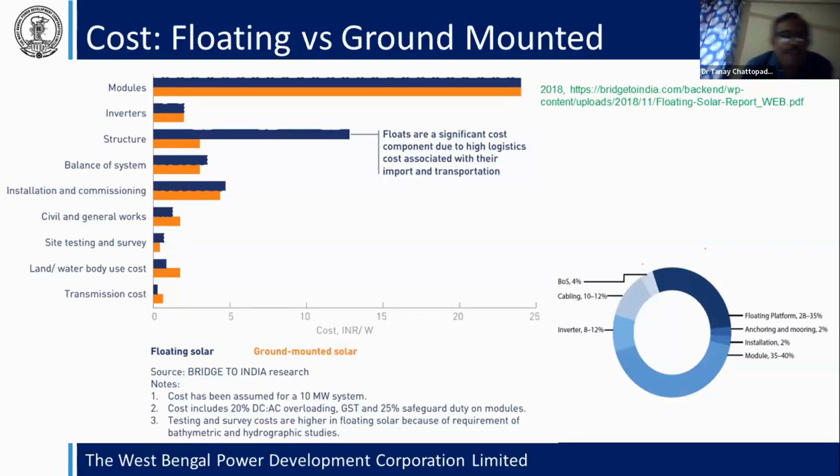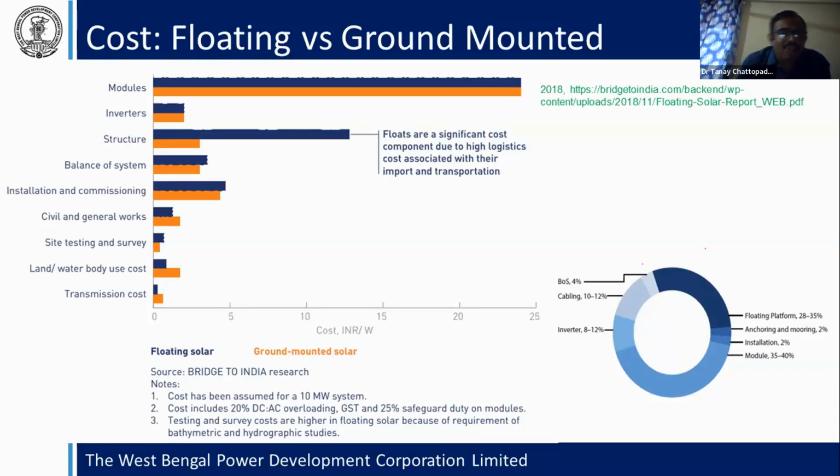If it is a private water body, like our water bodies, which are used only for the power plants' water, then we can easily install there. There is no issue of fishing, bathing or other uses, so we can easily use it.